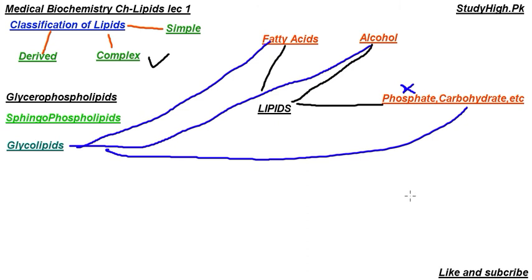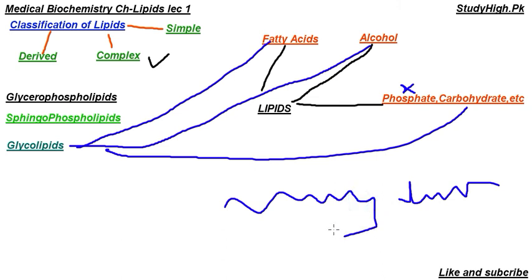So sphingoglycolipids consist of a sphingosine tail and another fatty acid. Here is a fatty acid that has a double bond O, and the third component is glucose or galactose. So this is the structure of glycolipid. In this lecture, you must only know the components of glycolipid.